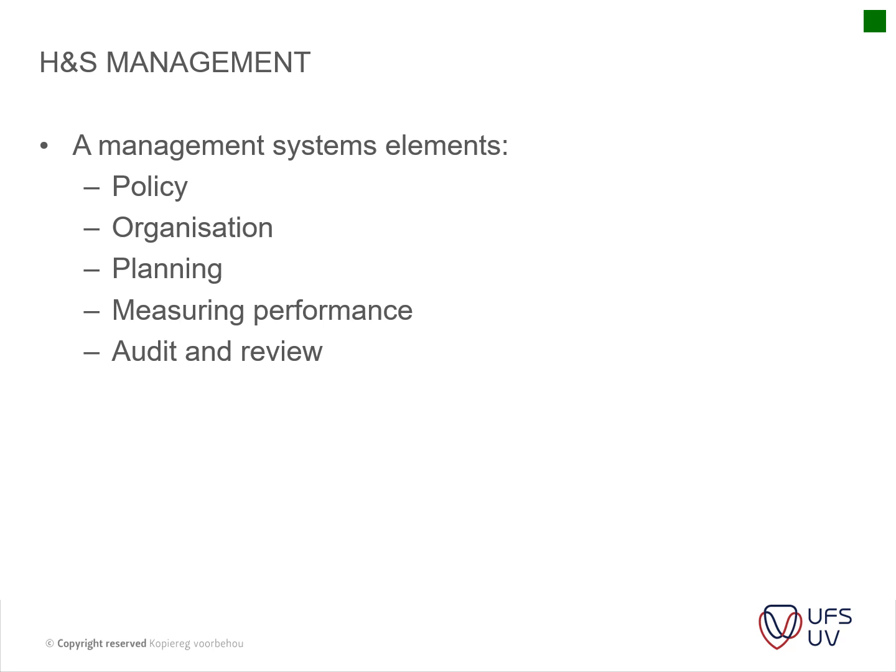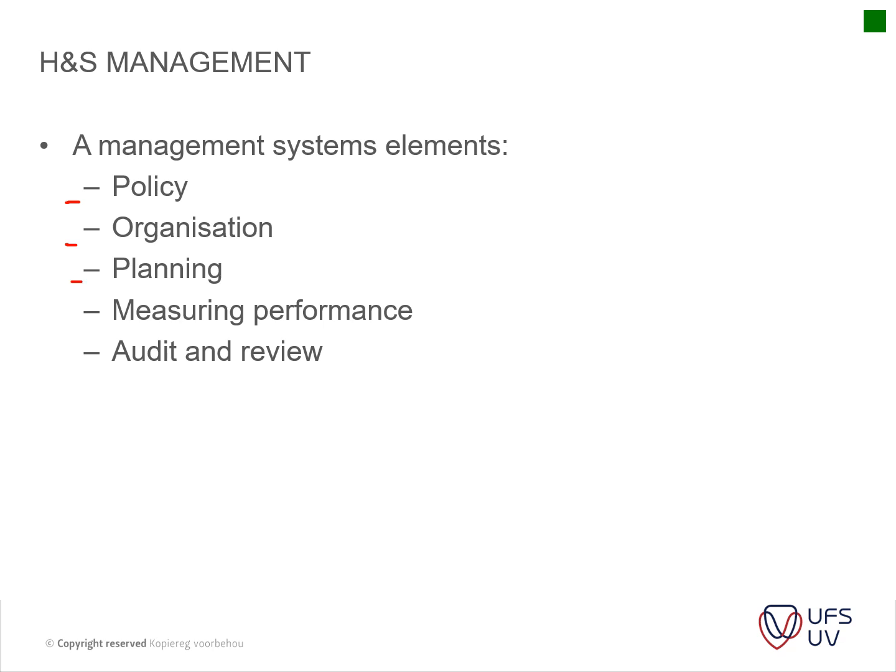Health and safety management, the management system: the elements that are usually involved. Usually there's a policy. Policies usually apply to companies. You've got the health and safety concerned about the organization.